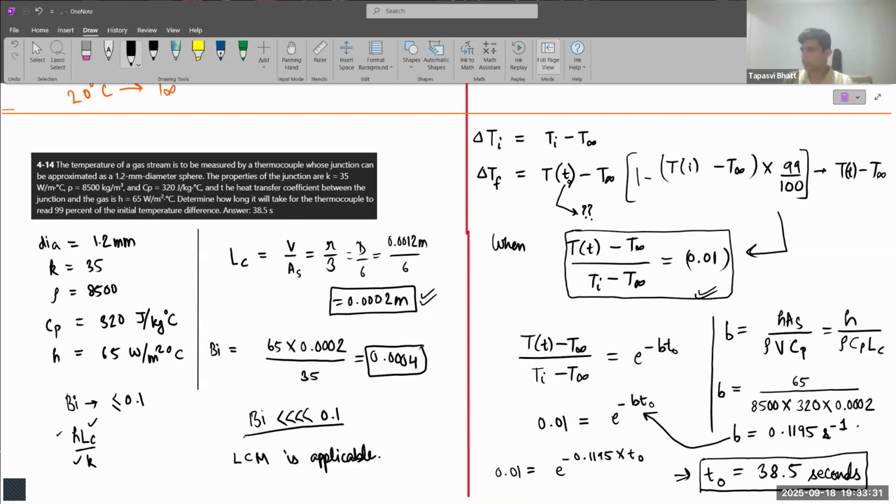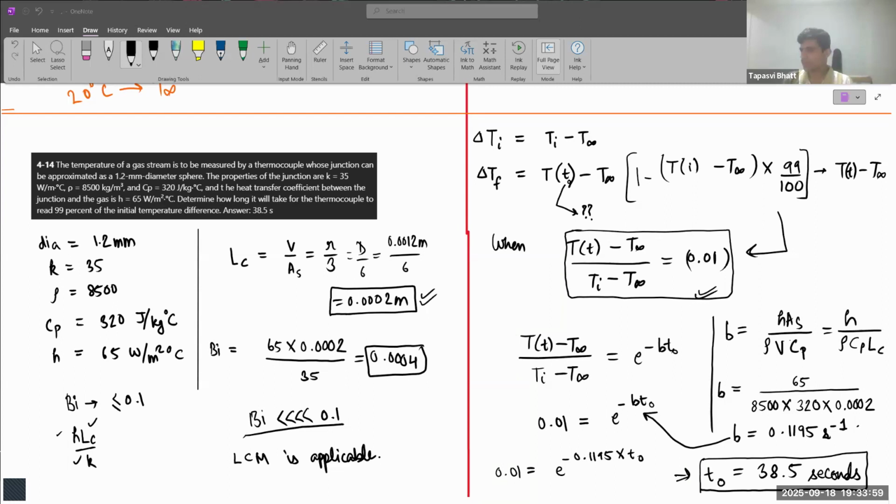Simple, right? Because here we knew that we have to apply the lumped capacity model, that's why we directly went on to calculate the Biot number. For the Biot number, we had to calculate the characteristic length. We calculated that.